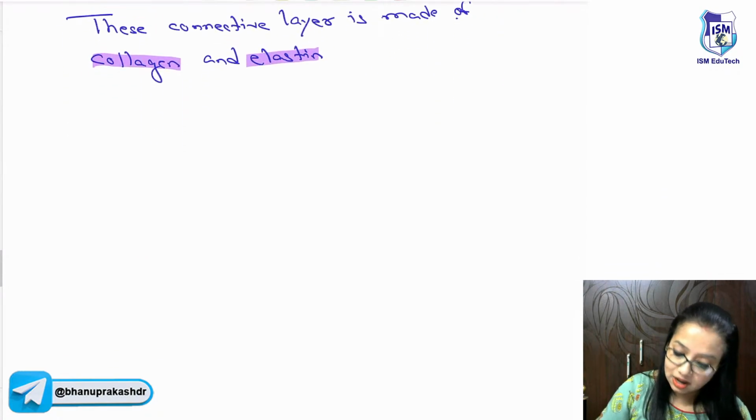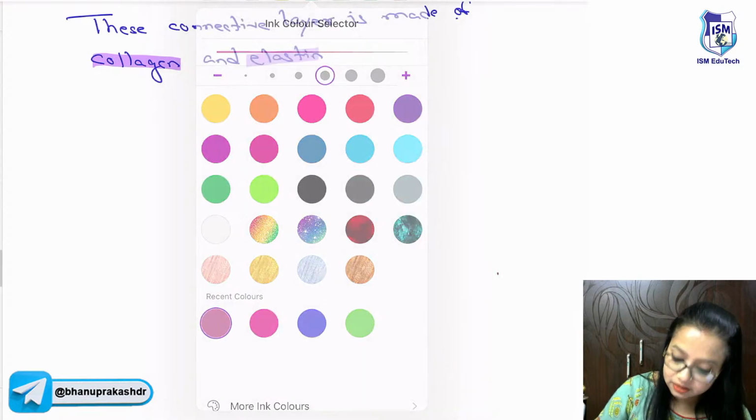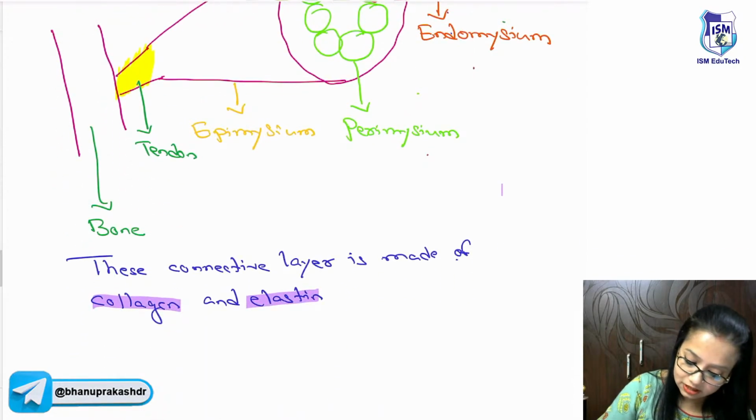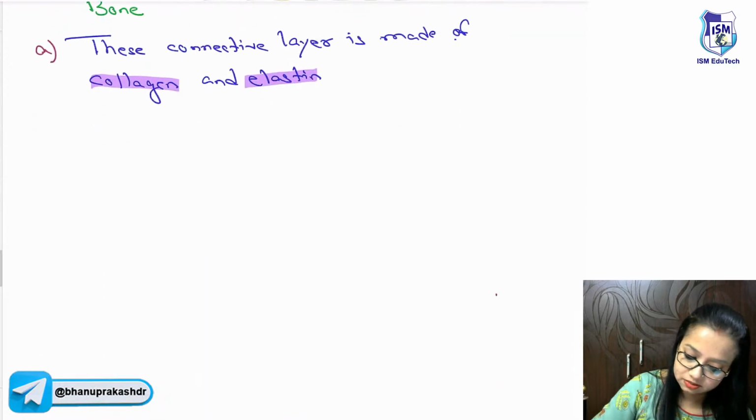Okay, another salient feature, a characteristic feature of a skeletal muscle fiber, is that this is the first one.